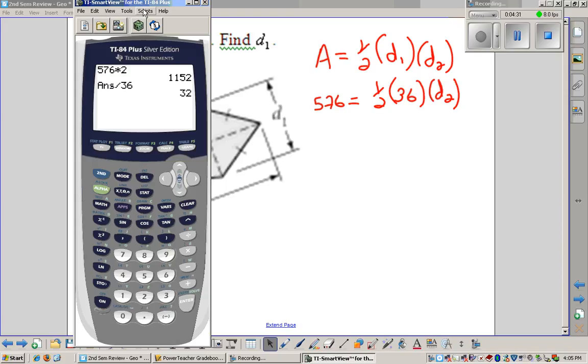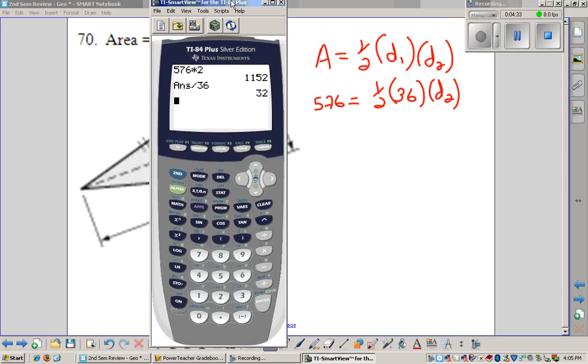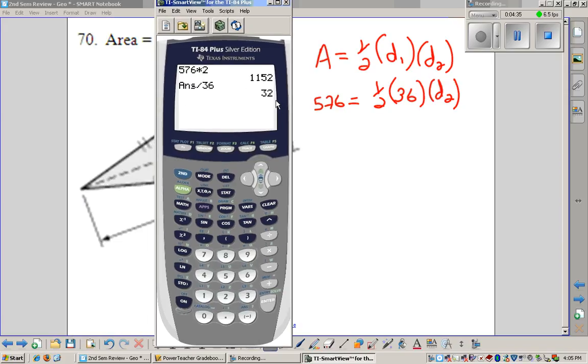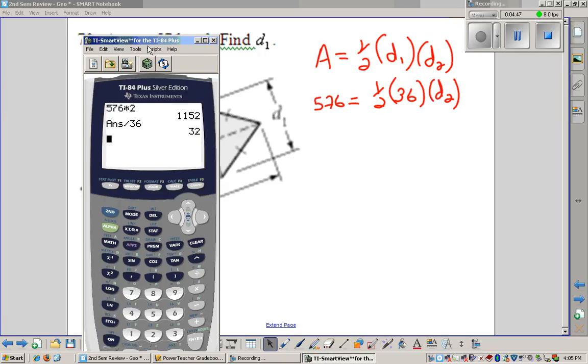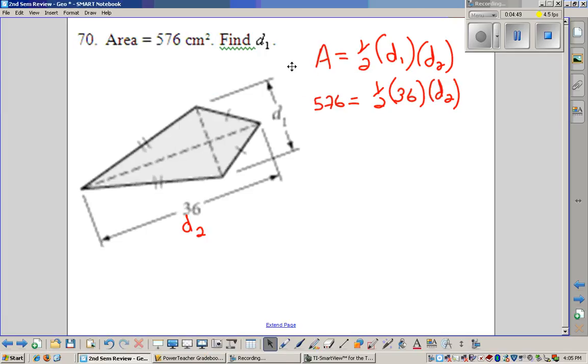This is pretty much the exact same calculation we just did on the calculator. We'll multiply by 2, then divide by 36, and we'll get that the diagonal is 32. I kind of mixed up my d1 and d2, but the missing diagonal 1 is 32.